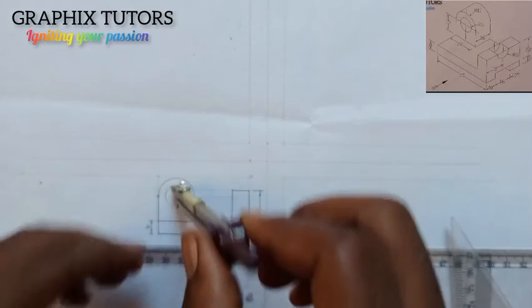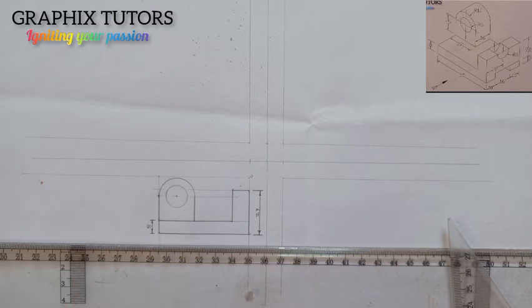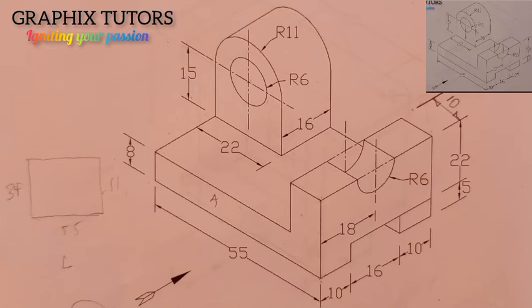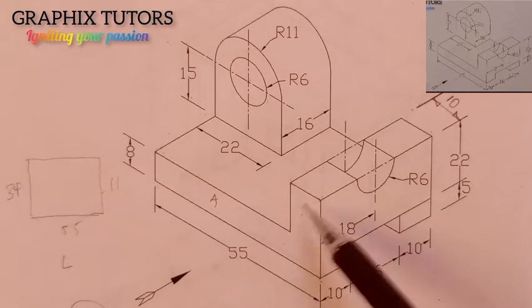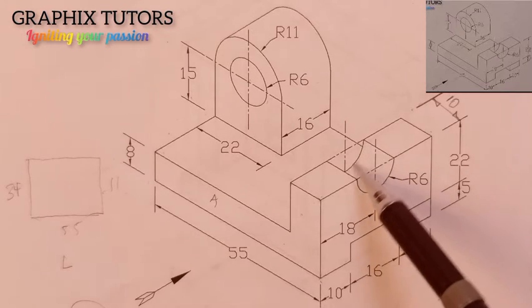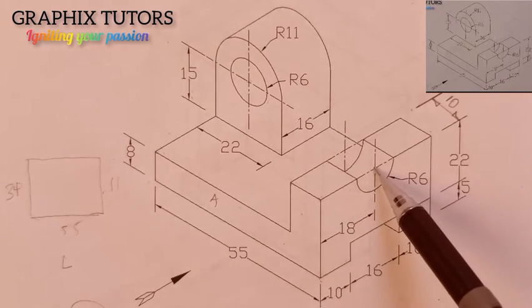So this is what we have here, right? So if you look at this carefully, discover that, look at this carefully. If you're looking at it from this point here, you cannot see this cut in, right? Which has the radius of 6 from this point.